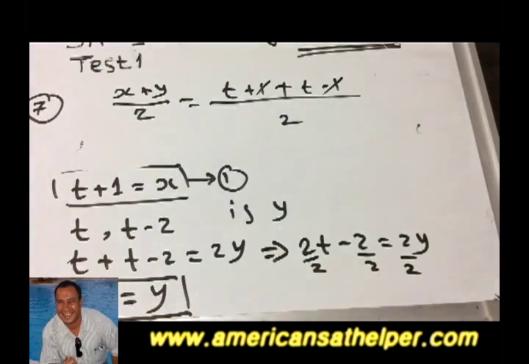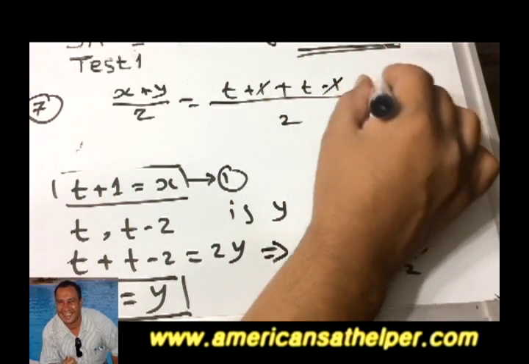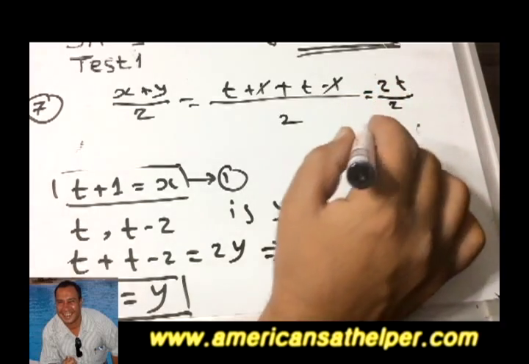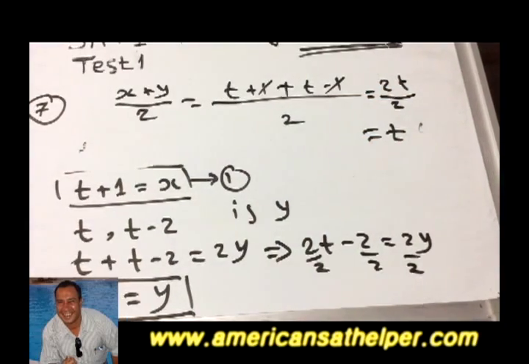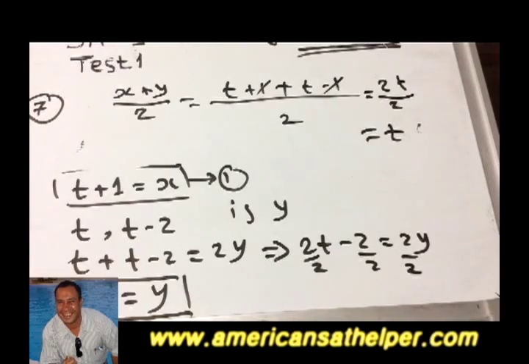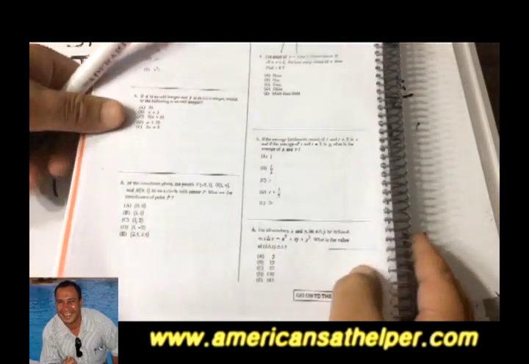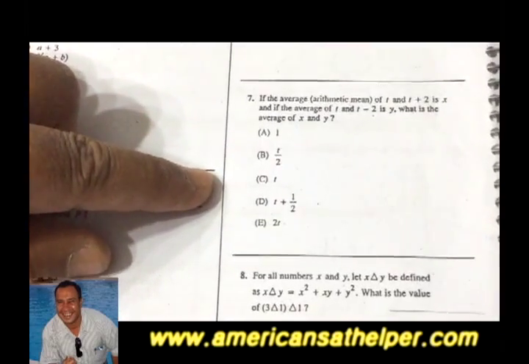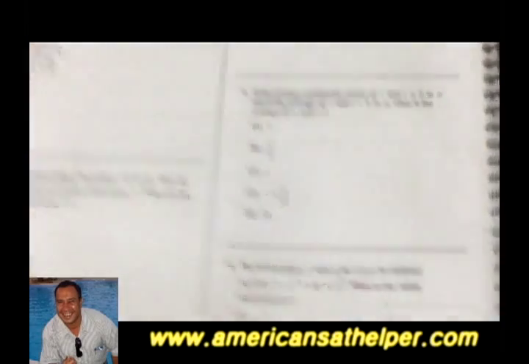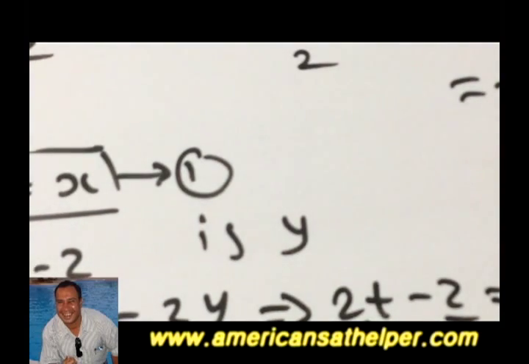The rest will be t plus t equals 2t over 2. The final answer will be t. This answer is present in choice number C. So question number 7, the answer is C.